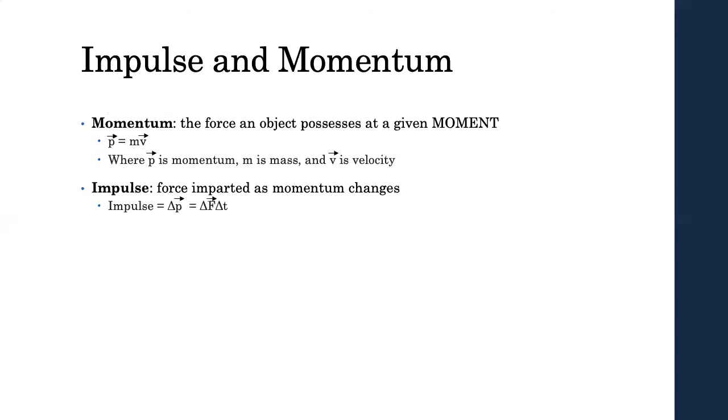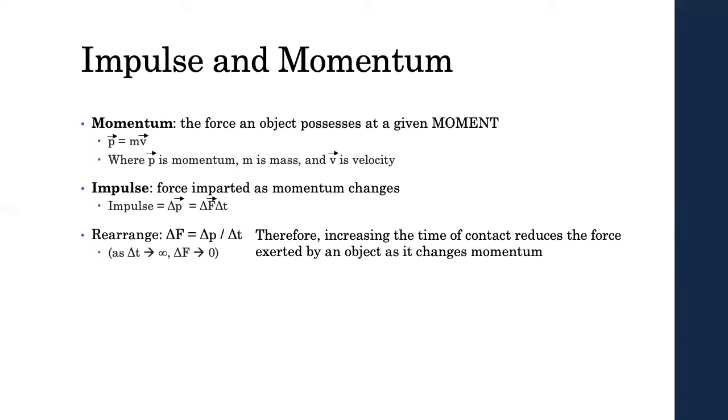Impulse is the force imparted as momentum changes. And we can say, you write the word impulse because there's no technical variable describing impulse. Or you can write it as delta P with the vector notation because impulse is the difference in momentum. And that's equal to the change in force multiplied by the time.